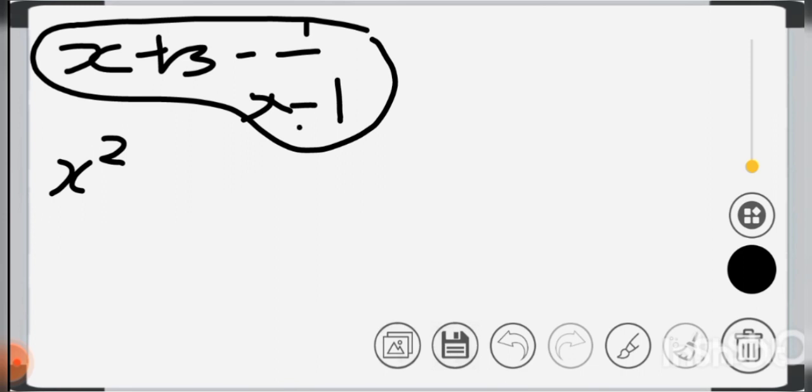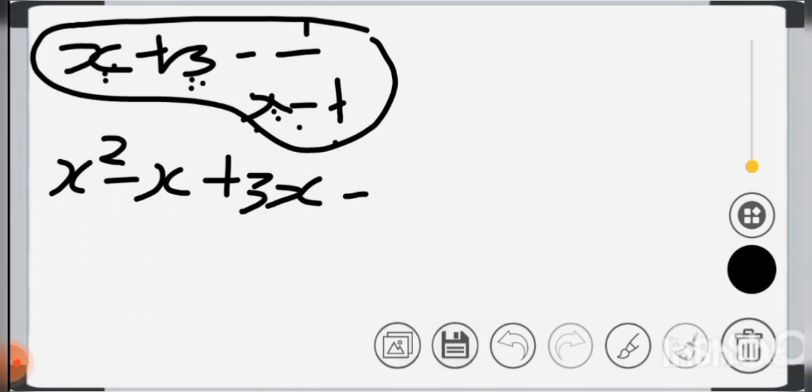That is this times this. That is x times x squared, x times minus 1, minus x. So that's 3x. 3 times x, that is 3x. 3 times minus 1, that's minus 3. Then plus this one on the top side, which is minus 1 as well. There's no need to say plus minus 1 again.